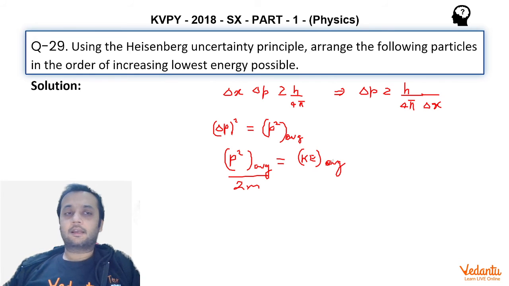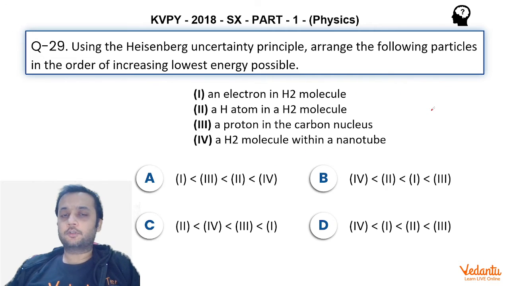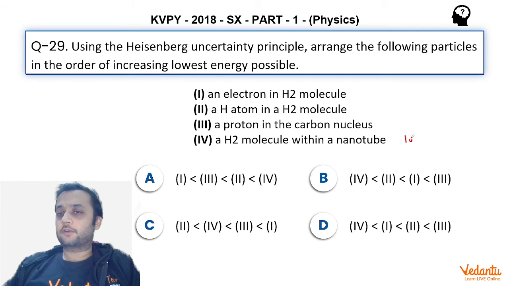So now we can arrange in the order of energy. We will have to look for the case in which delta x is least, and that will have the highest energy. Going back to the options: a nanotube is of the order of 10 to the power minus 9 meters. Carbon nucleus is 10 to the power minus 15, nuclei are of the order of femtometers.